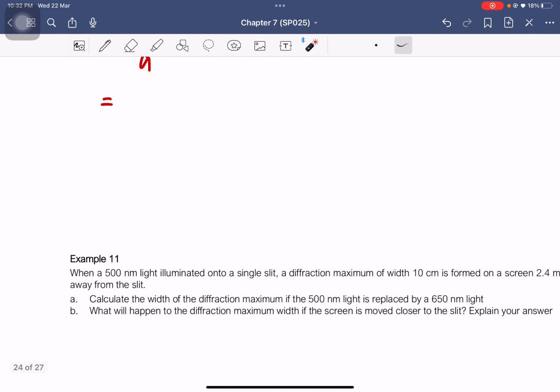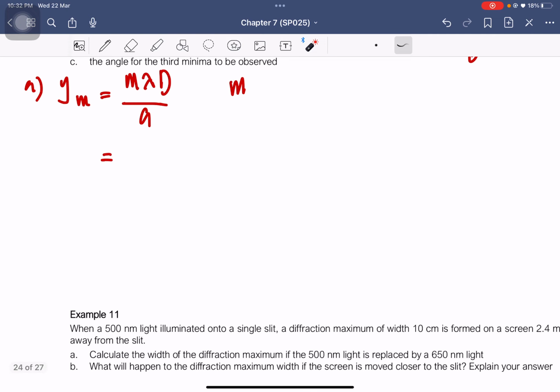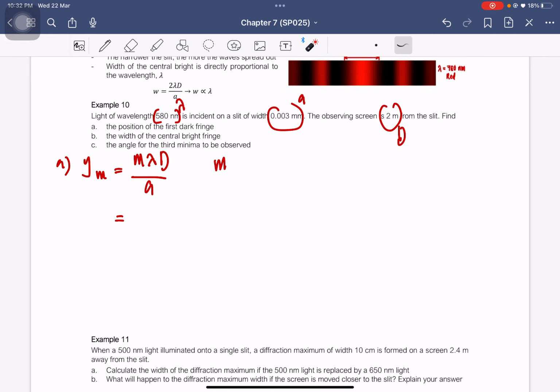Wait, let me just calculate. It should be 1. So 0... this is 580 nanometer, 10 to the power of -9. D is 2, and then divide by the slit separation. So for the first dark fringe, m is equal to 1.